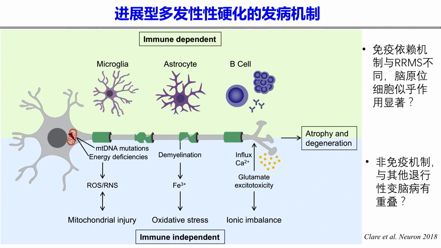You can see energy deficiency, mitochondrial injury, demyelination in relation to ion accumulation, oxidative stress, calcium influx. So none of these are specific for the degenerative process in MS, as we alluded to in the prior slides.